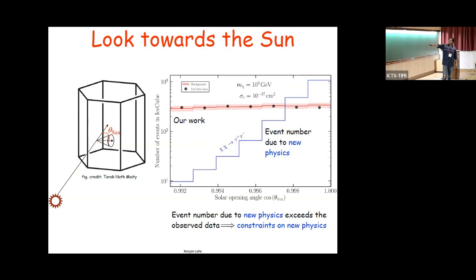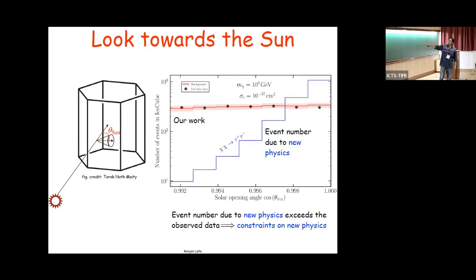This is some data from atmospheric neutrinos, which IceCube has actually measured and plotted. This is from the IceCube 2016 data set. And if you have a dark matter mass of 1 TeV, and if the electron scattering cross section is 10^-37 cm^2, and if the dark matter particles annihilate to tau plus tau minus, this is what you will get.